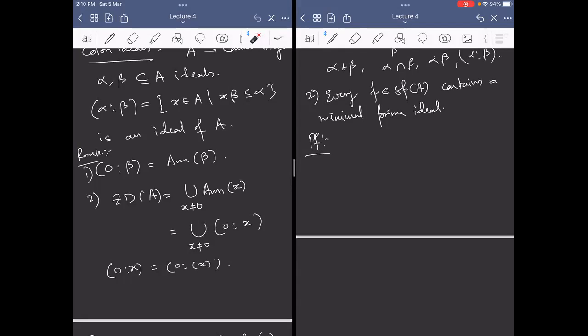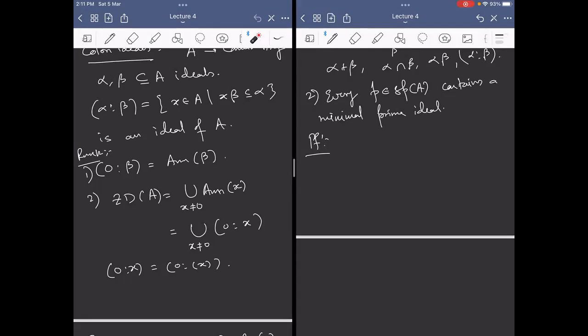Now the thing is, I'm talking about a maximal element, but we are trying to find a minimal prime ideal. How do I connect this to things in the opposite sense? Zorn's lemma gives you maximal elements, but it does not specify what the ordering should be. So if you want to find a minimal prime ideal in terms of inclusion, you apply Zorn's lemma using maximality on reverse inclusion.